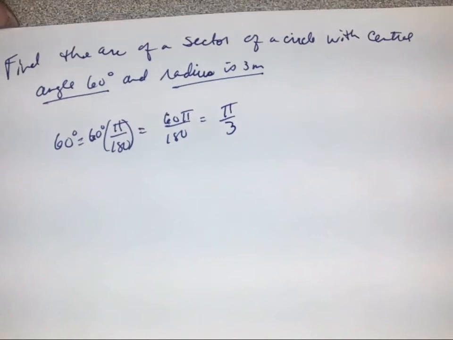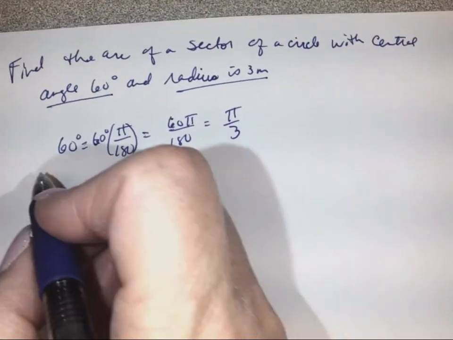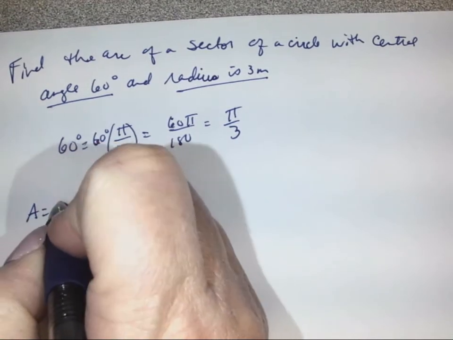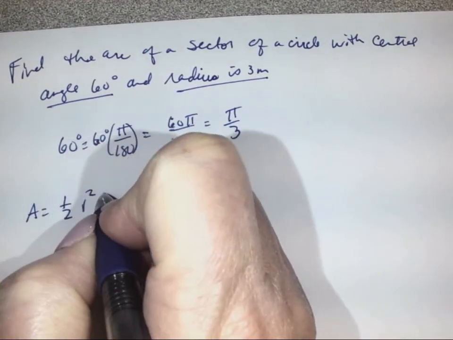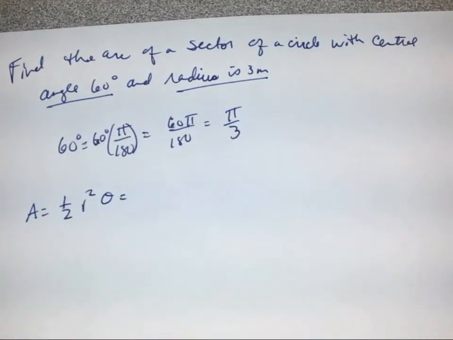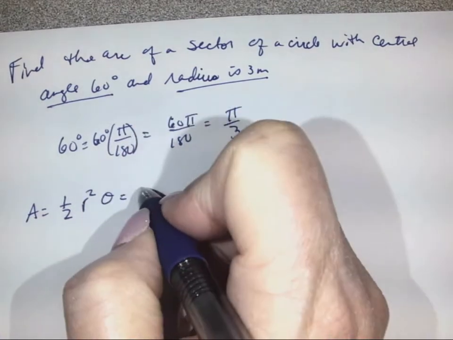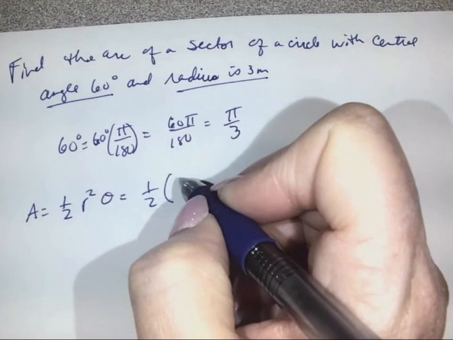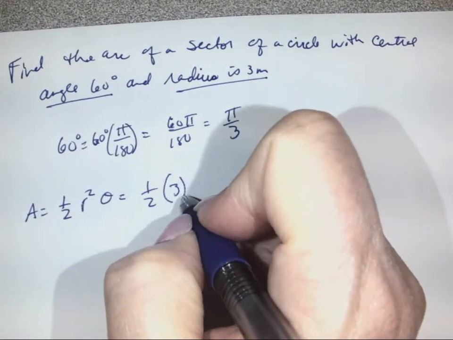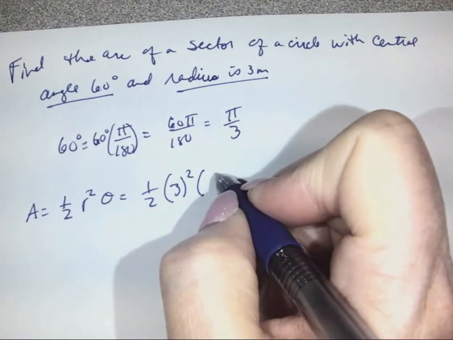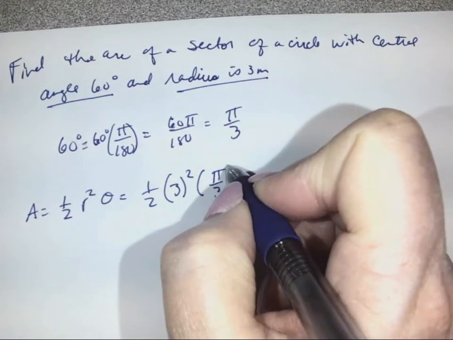Now for this one, we are using our formula of A equals 1/2 r squared theta. So we have 1/2, our r was 3, so 3 squared, and our theta is pi over 3.